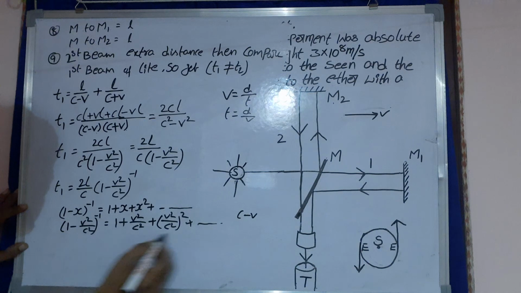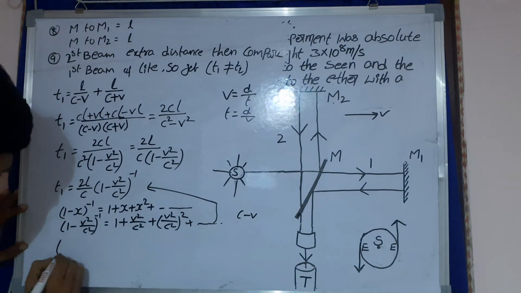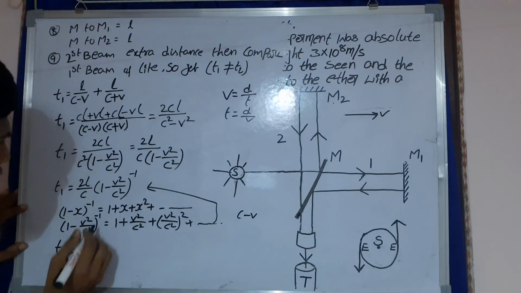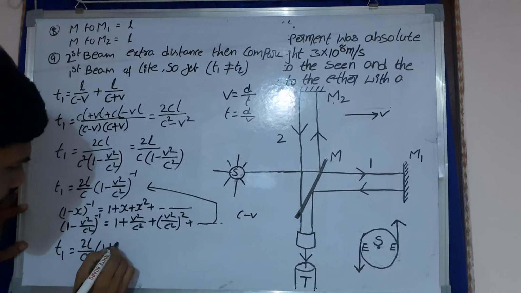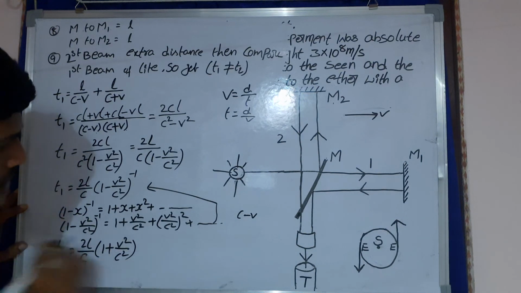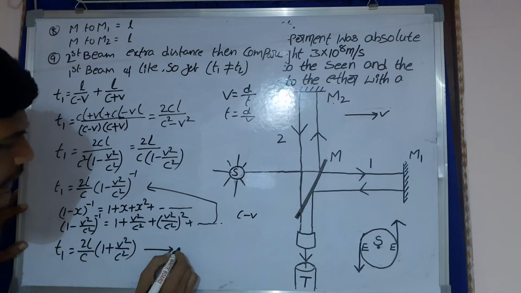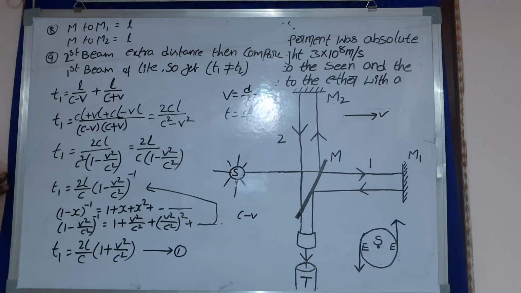Substituting this in the above equation, T1 equals 2L by c into 1 plus v square by c square, with higher order terms neglected. This is equation number 1, the T1 value.